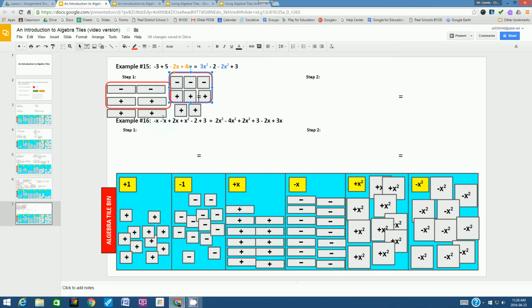So that takes care of the left-hand side. A little bit messy just because it's a little bit crowded.